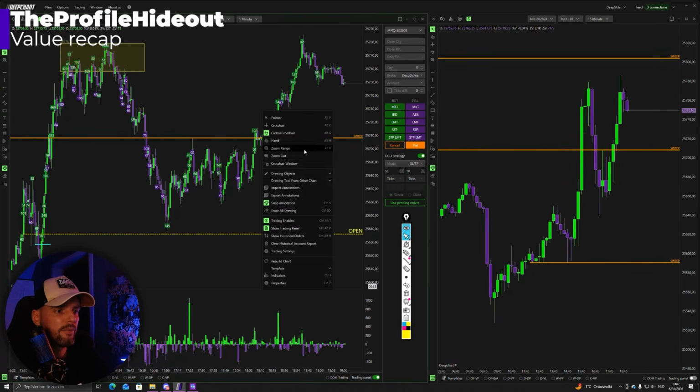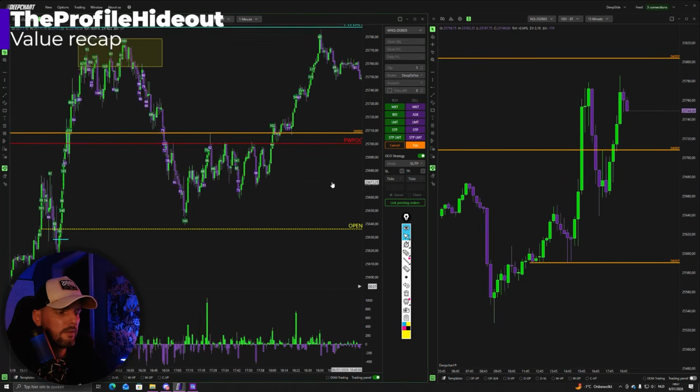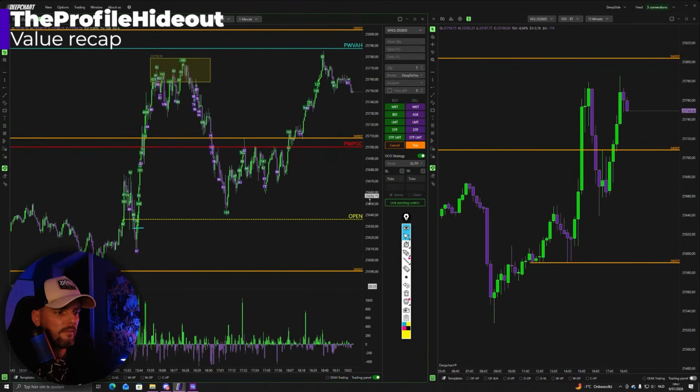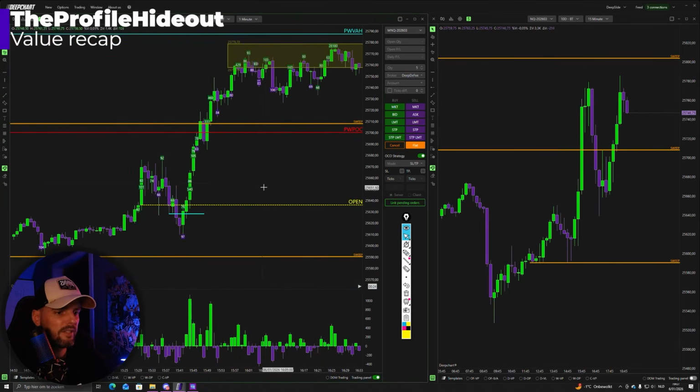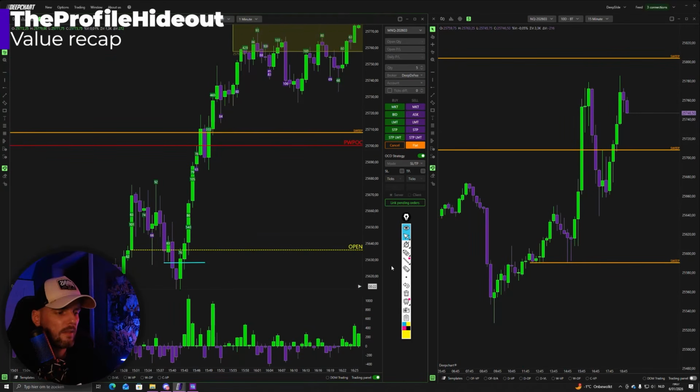Let's see if we get some profile levels up in here. Yeah, so this also was the weekly point of control here. That was also the initial level after I took profit and price confirmed back above. This was an additional sign for me to go long and use protection for my stop.